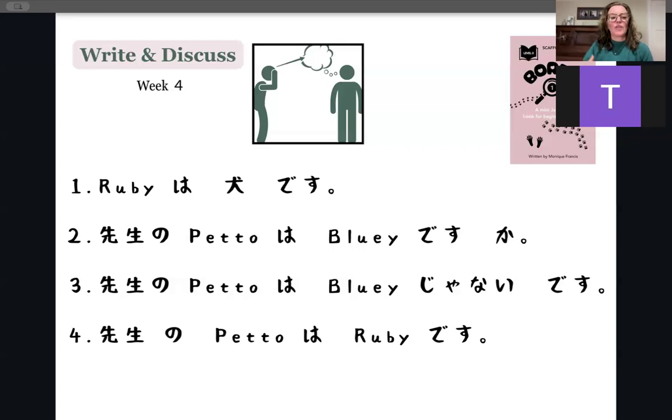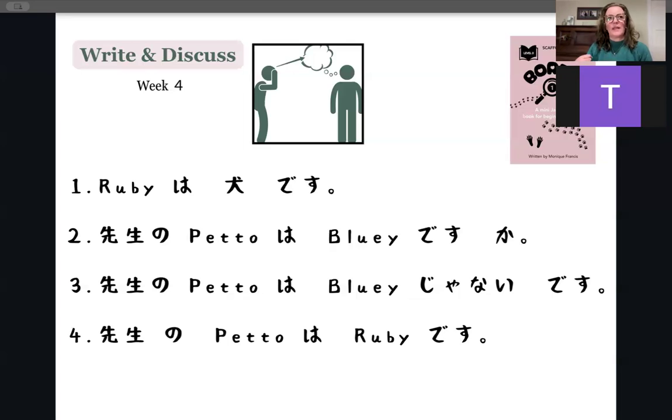The structures are being embedded. So Ruby wa neko to inu. Dochi. So you can ask as you're writing. So again, that's providing the extra input. With the second sentence, to scaffold that one, Nina-san, Ruby wa dare no petto desu ka?